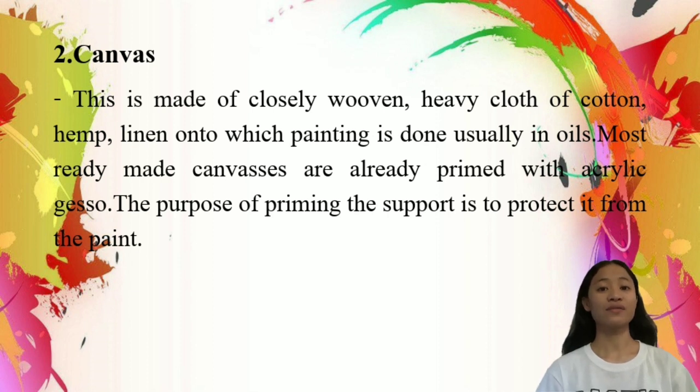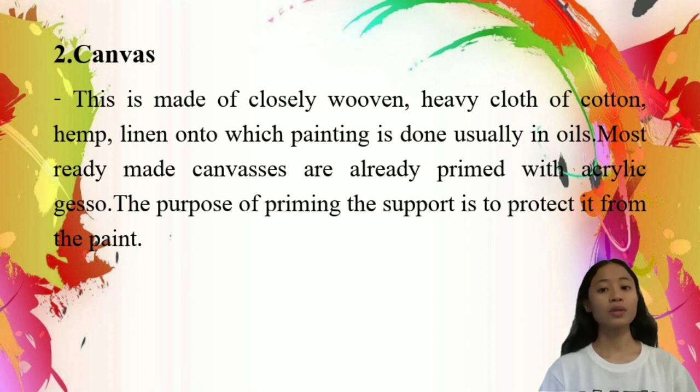Canvas is a versatile painting surface and comes in a variety of shapes, sizes, and forms to suit every need and budget, of course. Gesso is a generic term that is used for the initial coat applied to a support before it is painted on.